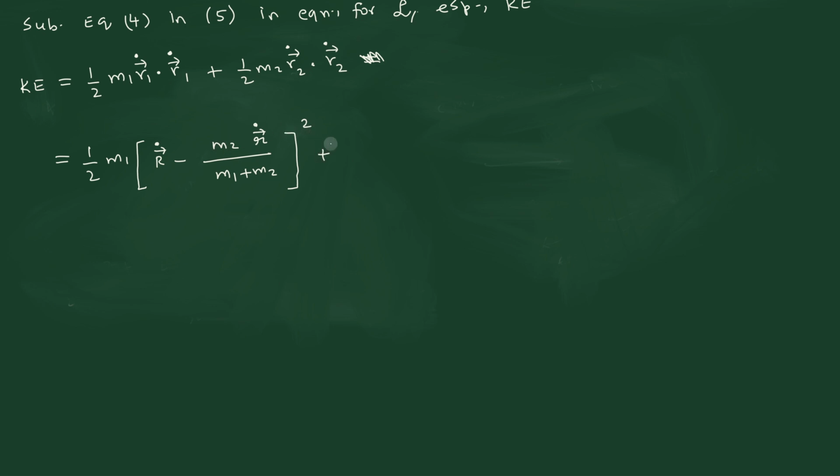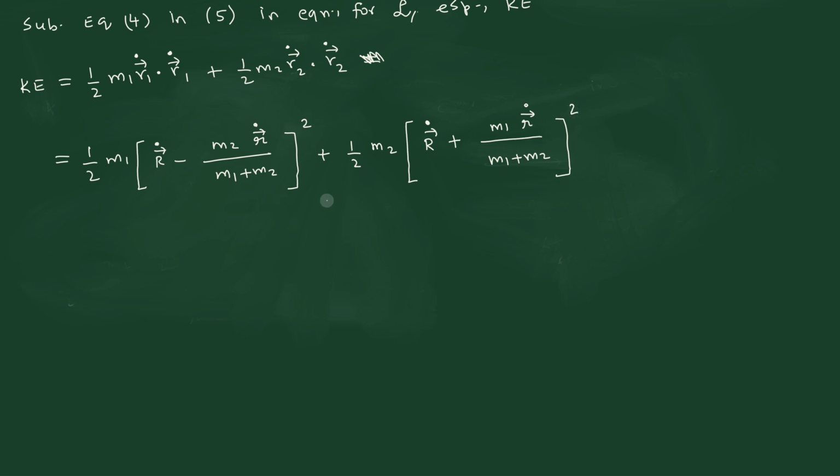And similarly for the second part of the kinetic energy, we'll write down half m2 into the expression for r2. That is given by the capital R vector, plus m1 divided by m1 plus m2, then you have the script R vector, and once again the time derivative, and that's all. The whole square. Whole square is velocity squared.